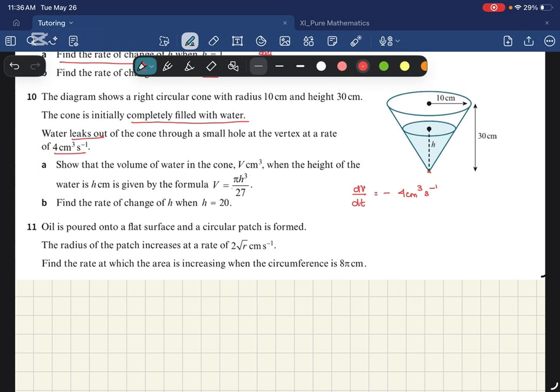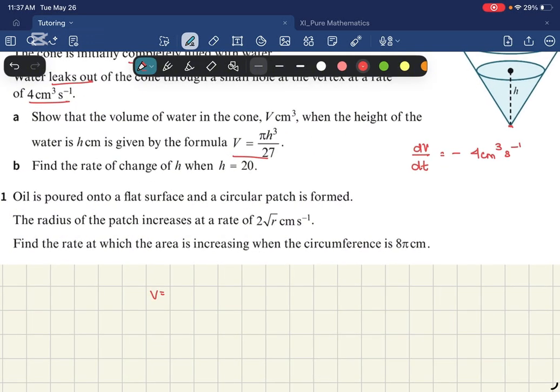So show that the volume of water in the cone when the height of the cone is h is given by this formula. Alright, let's think about the volume, right? Your volume of a cone is 1 over 3 pi r squared h. Now we just want to write it in terms of h.